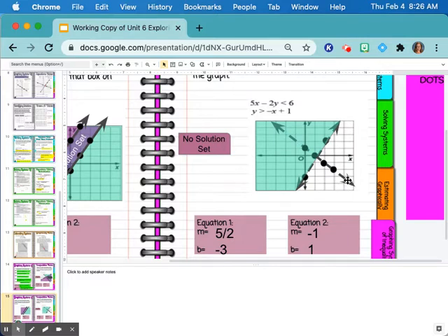And we are going to shade, it's a greater than, so we're going to shade above. So above would be up here.